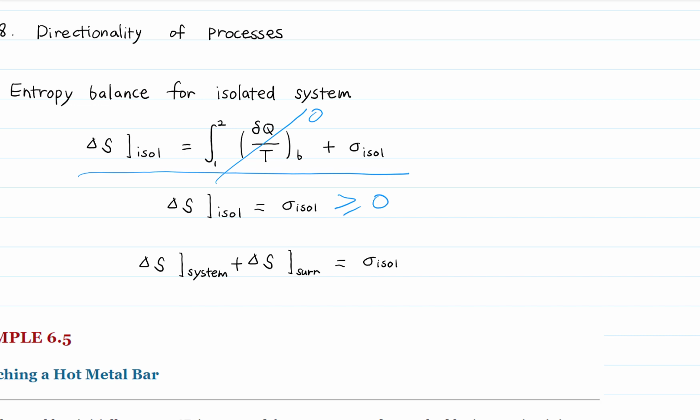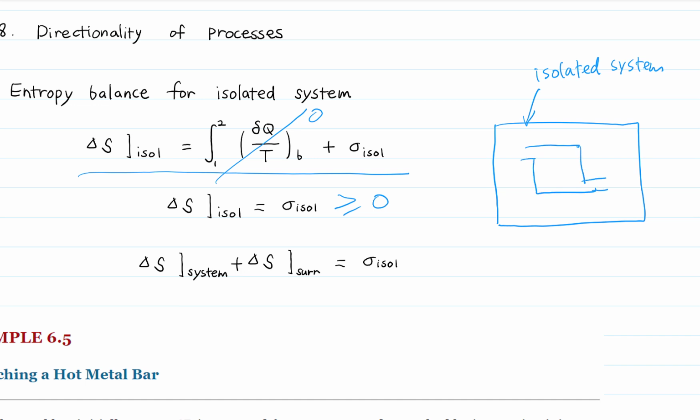Consider a system within the isolated system. This is the isolated system. And we have another system inside the isolated system. Mass goes in and out of the system.